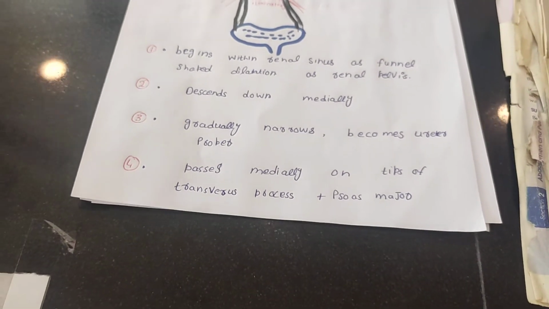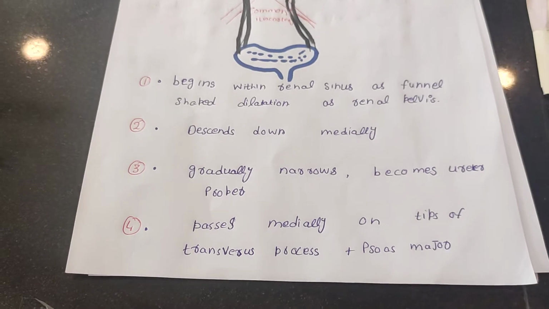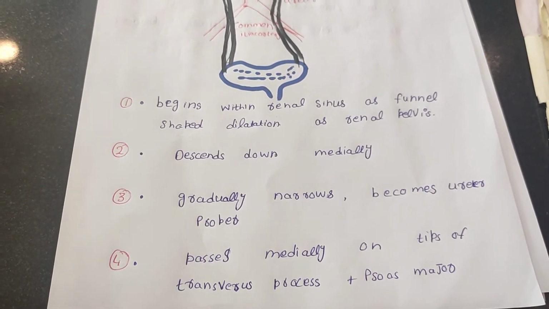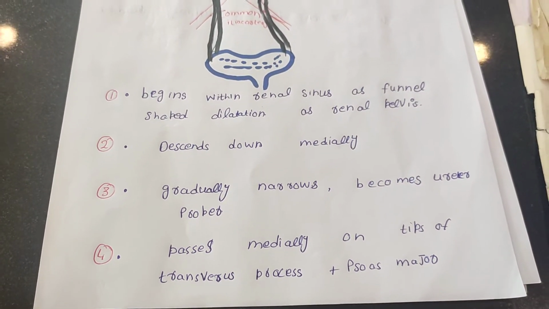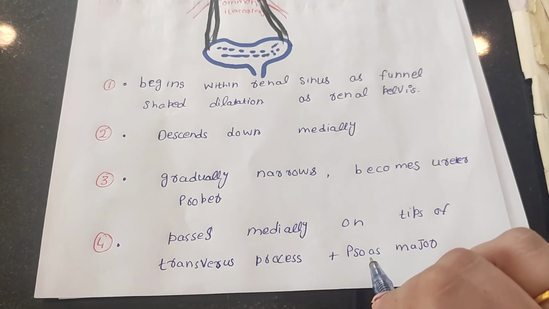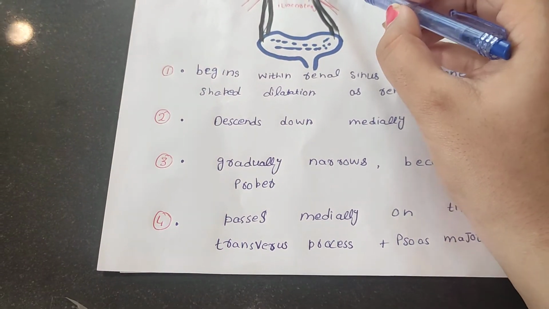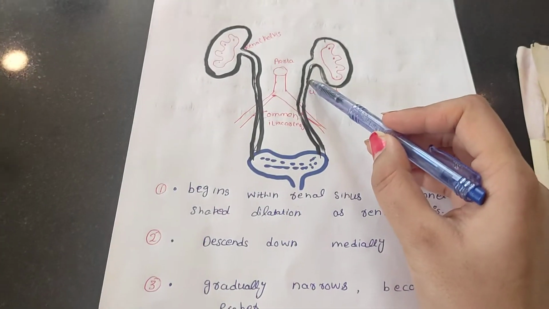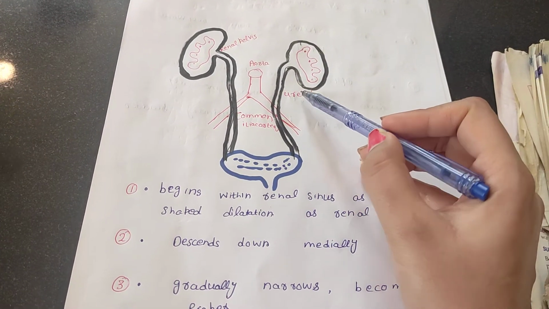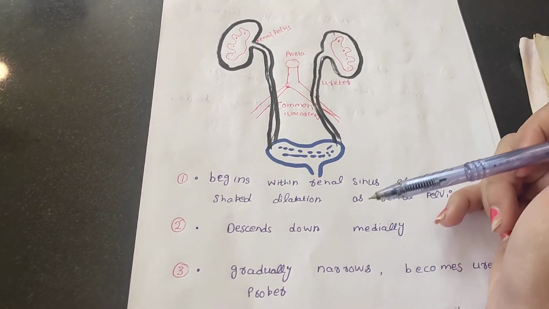These are both muscles of the posterior abdominal wall, and the kidneys are lying posteriorly. So on the posterior side of the ureter, there will be the tip of the transverse process and psoas major.